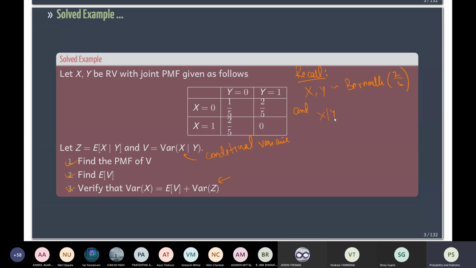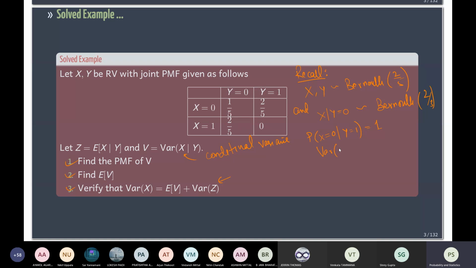We also found that x given y equal to 0 follows Bernoulli 2/3, and that x equal to 0 given y equal to 1 is a certainty, so this is like 1, if you recall.